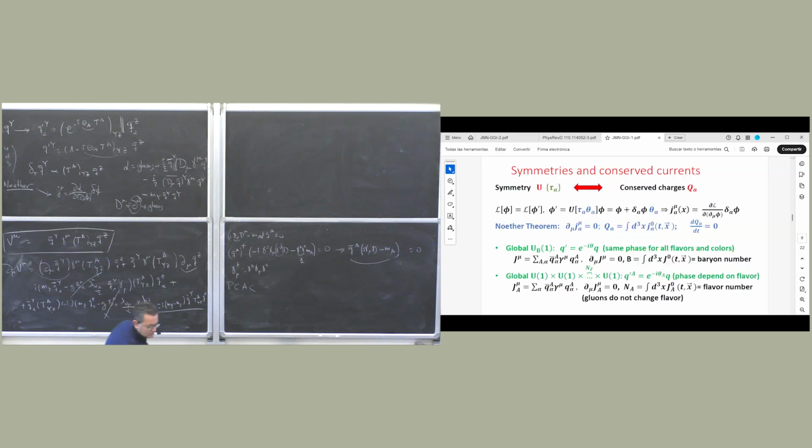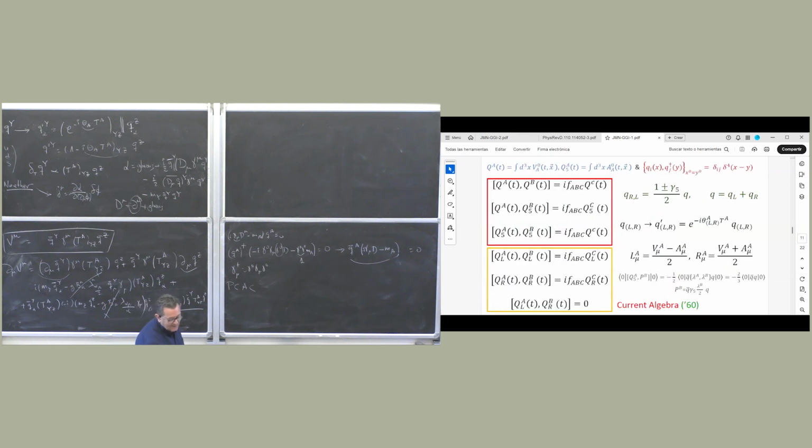Okay, so next thing, commutation relations, which are essential. You remember I constructed the theory of pions just assuming that this is correct, right? So how do we do this?